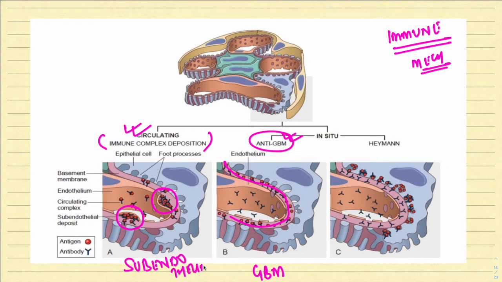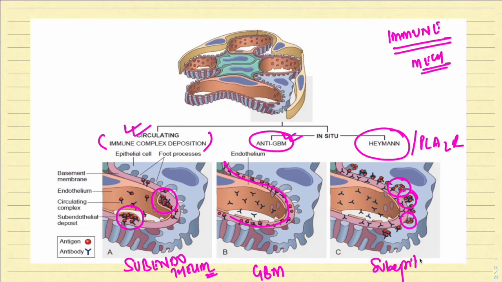In Heymann's nephritis also, for example the phospholipase A2 receptor, the deposition is at the level of the epithelium, so you have characteristically subepithelial deposits in this particular case.